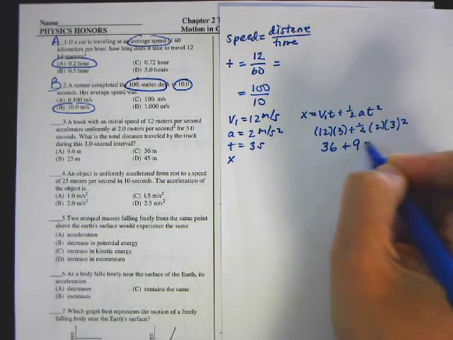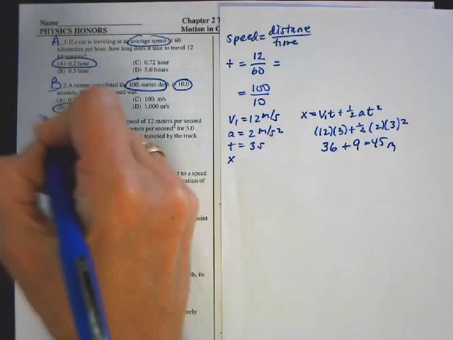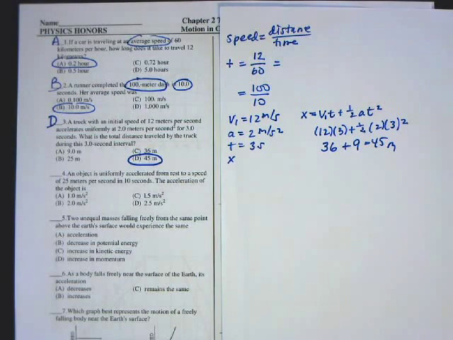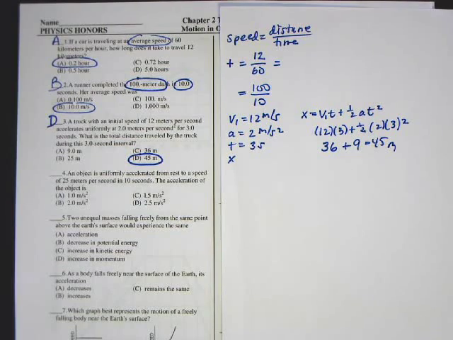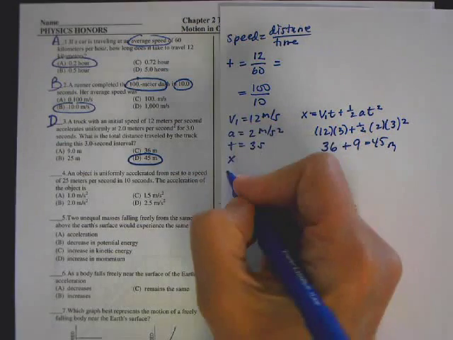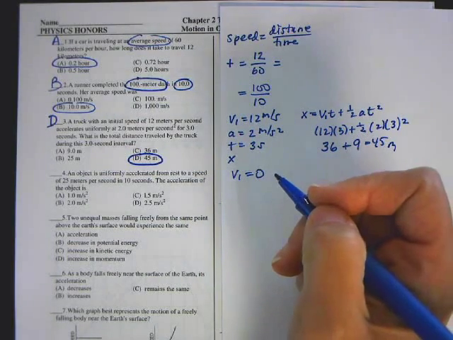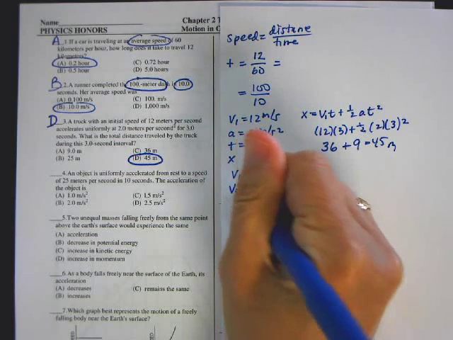Number 4, an object is uniformly accelerated from rest, so that means VI is 0, to a speed of 25 meters per second, so that's VF, in 10 seconds. What is the acceleration? So I want to find A. So there's my 4 variables. Which equation has those 4?